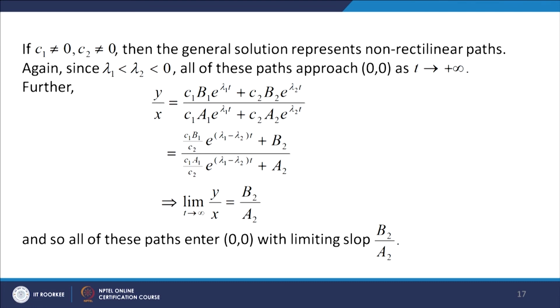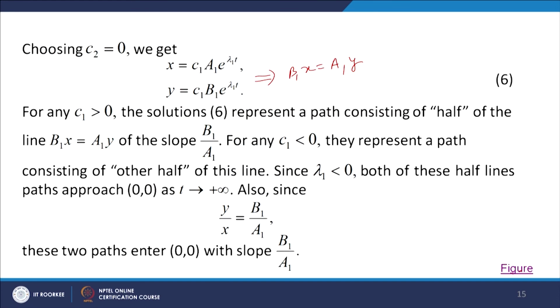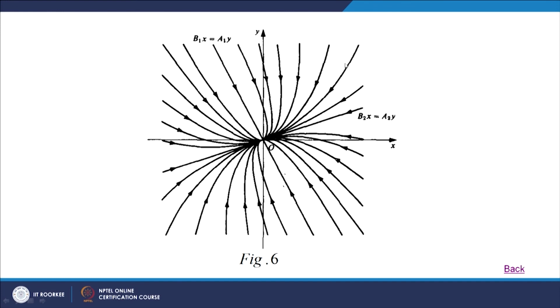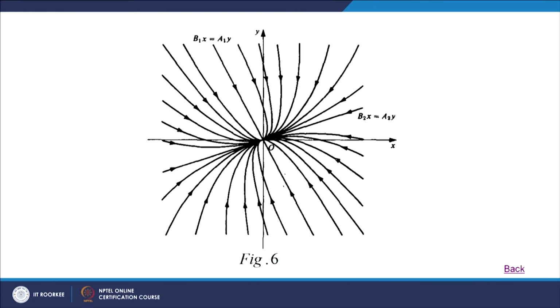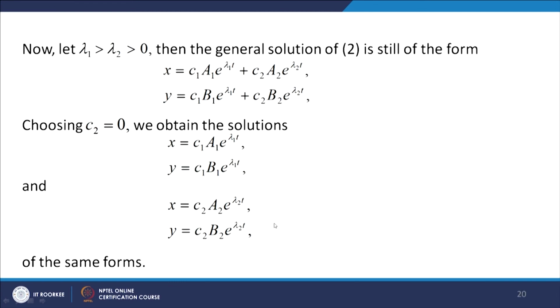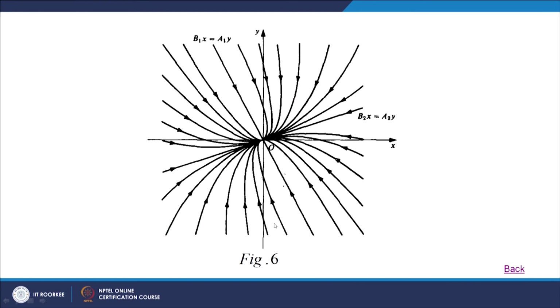So, we can see that in the figure here. See, they are all non-rectilinear paths. This one, this one, this one, this one, they are all non-rectilinear paths. They all enter (0,0) with limiting slope b2 by a2. You can see this path enters with slope b2 by a2 at the origin.